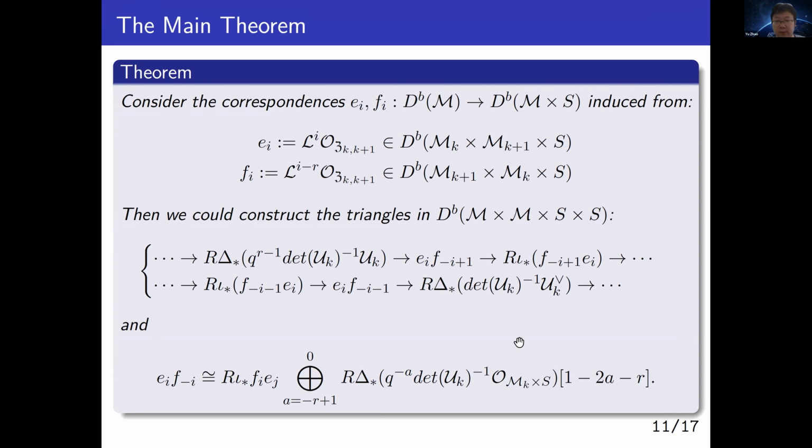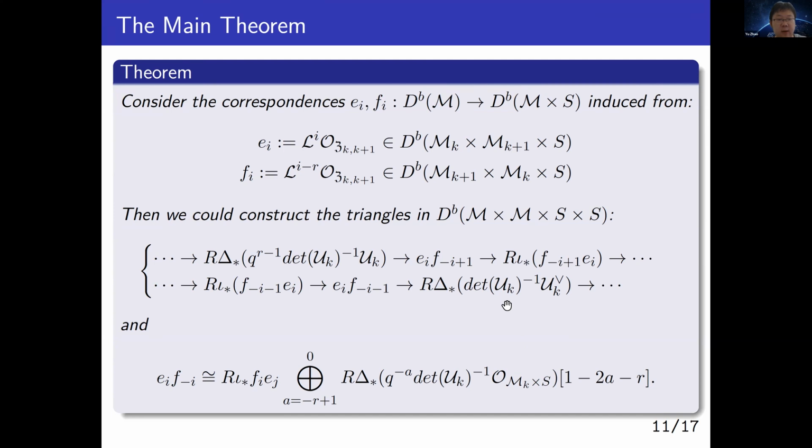So first, I want to show that we do have natural transformations from E_i F_{-i+1} to F_{-i+1} E_i, in the case that i plus j is negative, minus 1. And when i plus j is positive, then it goes in the other direction.